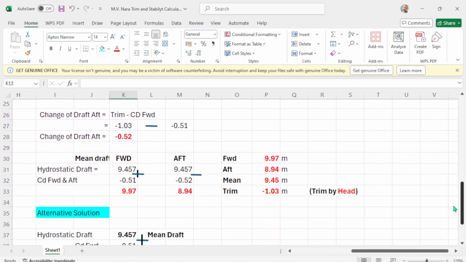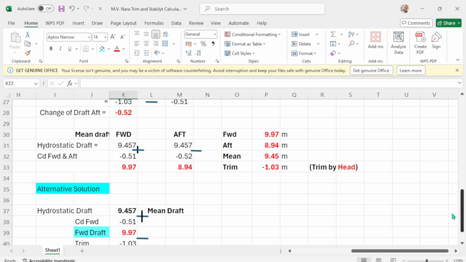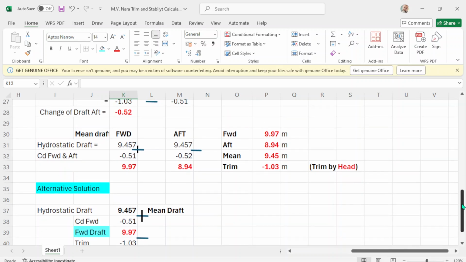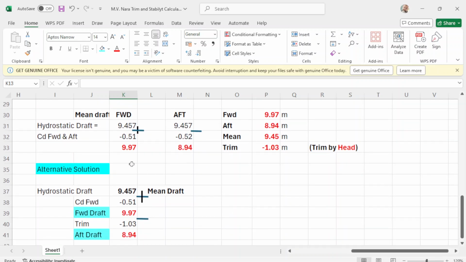Then there is another solution. You put the hydrostatic drop, which is 9.45, which is your mean drop. You apply your forward change of drop, change of drop forward, which is 0.51.